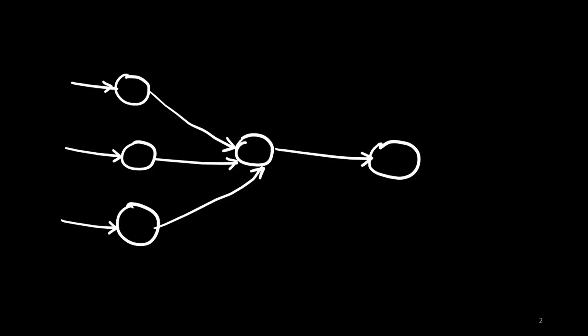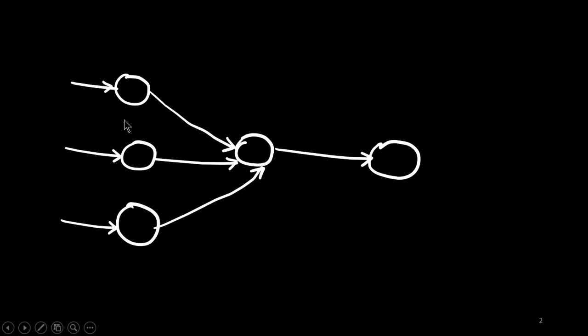So before moving on to back propagation, we should understand the working of a neural network. Here we have these circle shaped things. These are the neurons or the nodes, and here are three nodes over here, one node here and one node here, and these nodes are connected with edges.